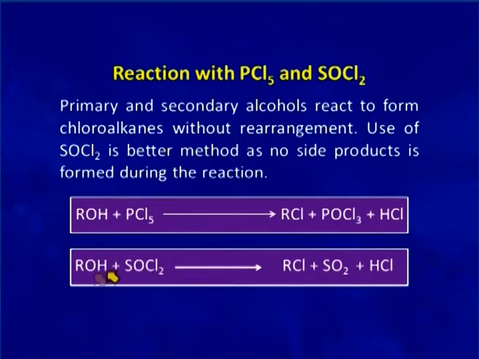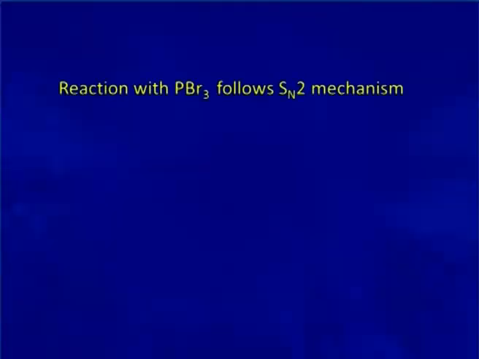The reaction of alcohol with thionyl chloride is a better method for the conversion of alcohols to alkyl halides, reason being that two byproducts formed here are gases and they leave the reaction mixture easily without any additional cost added to the reaction. Reaction of alcohol with phosphorus tribromide follows SN2 mechanism.